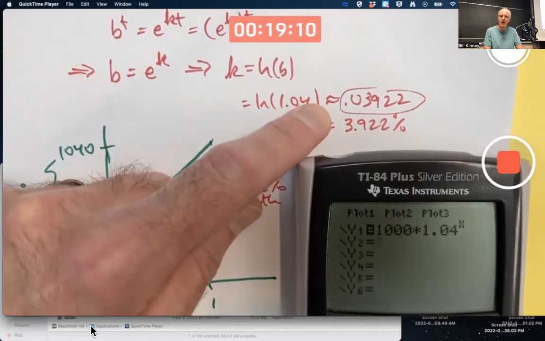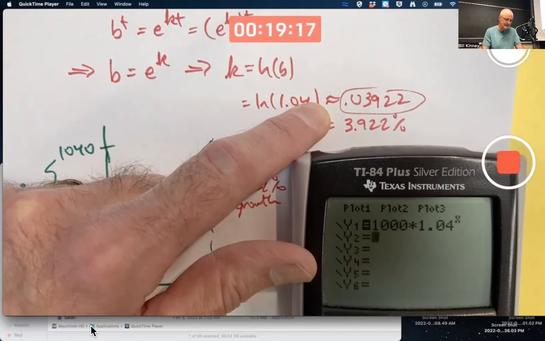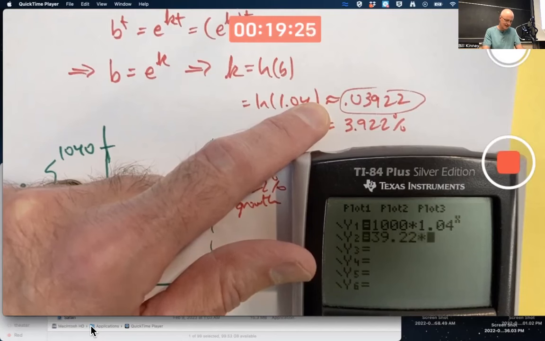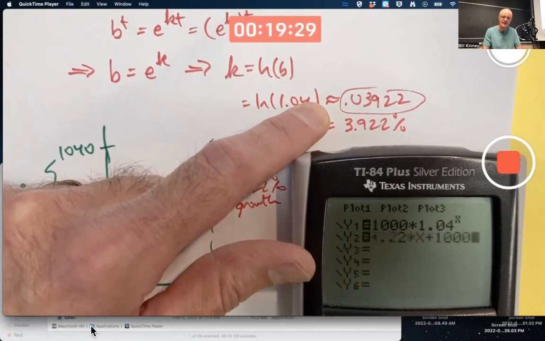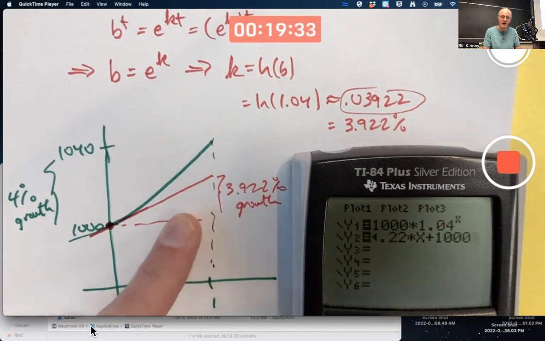I'm not going to explain why. And 1000 times that is going to be, trying to do that in my head here, 39.22 times x plus 1000, I believe, should be a good approximation to the equation of this red line.